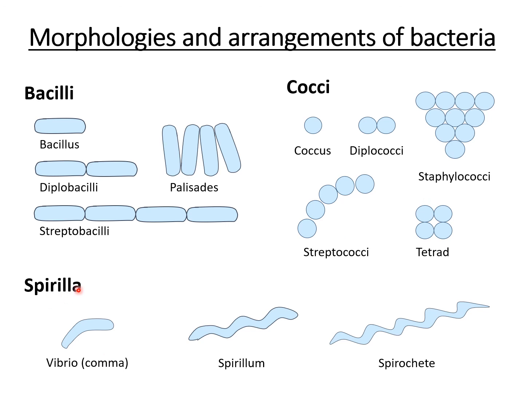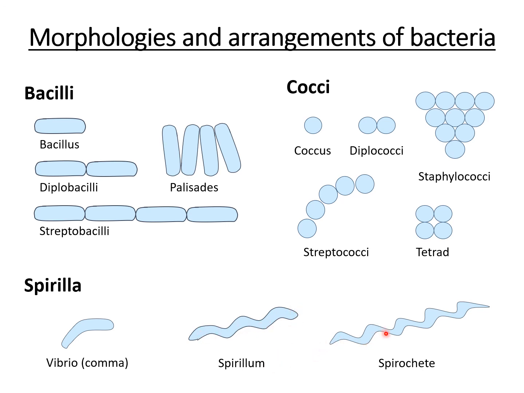And then we have spiral shapes. Some bacteria out there look like a comma shape, and we call it Vibrio. Kind of reminds me of an elbow noodle, so they look like an elbow noodle and we call them Vibrio. Some of them look something like this, like a snake, and we call them Spirillum.